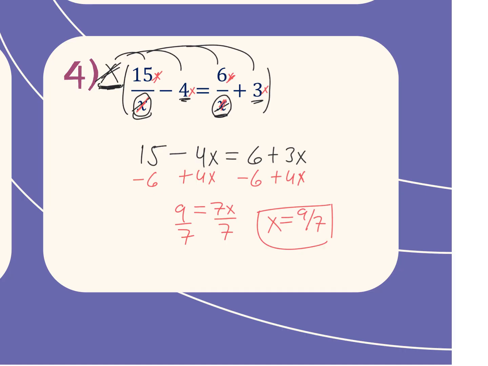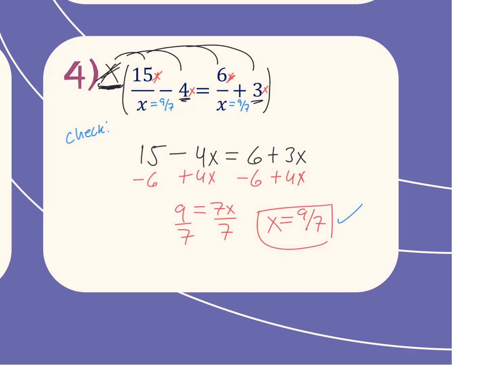Now with a variable in the denominator, let me erase these. With a variable in the denominator, you want to check if it gets you 0 in the denominator. Now in this case, if I plug in 9 over 7 for x, I don't get 0 in the denominator, so this is a valid solution.